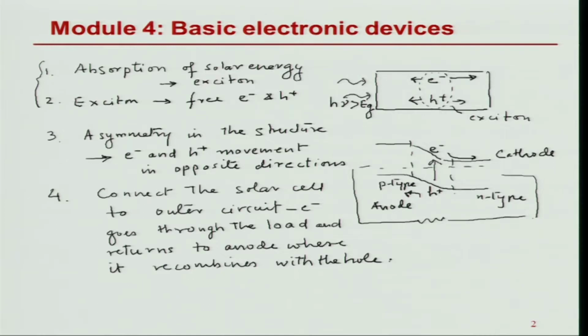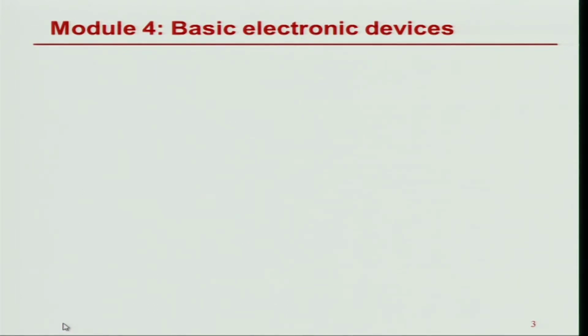So, now let us look at the role of the p-n junction in a solar cell. Since we know a little bit more about the p-n junction characteristics, it is easier to understand how this is operating. So, we look at a single p-n junction.